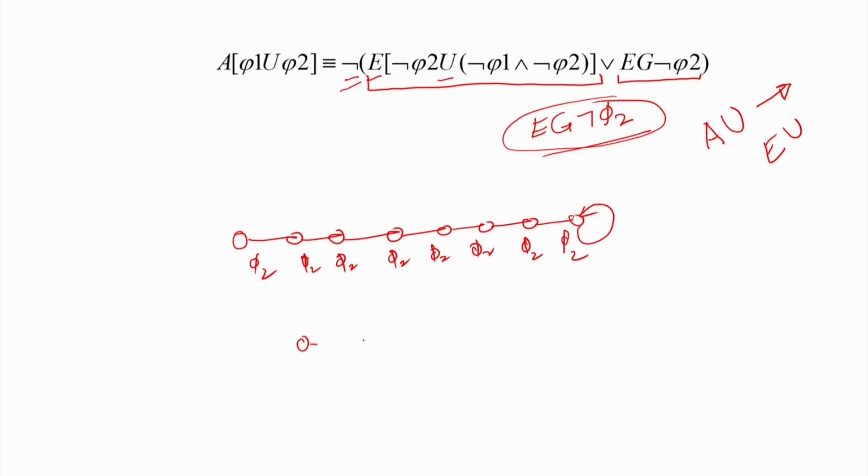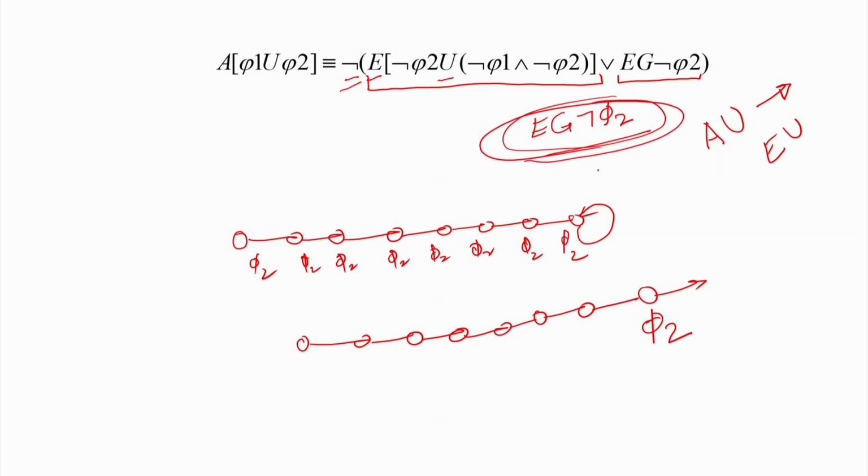Now, we consider another scenario. Say somewhere phi 2 is true at that particular point. If phi 2 is true at that particular point, then this property is not holding over here. That means in that particular case I cannot say that they will be equivalent.